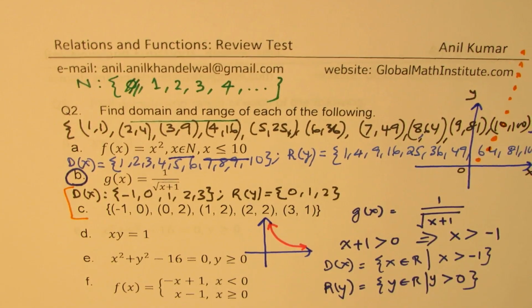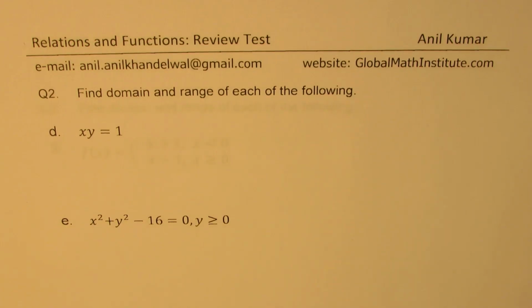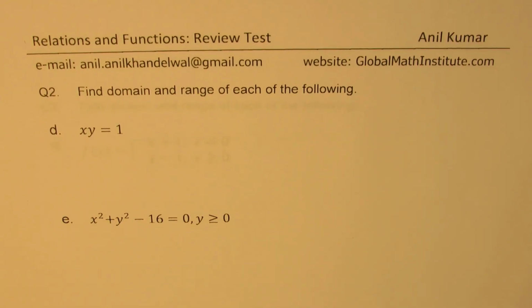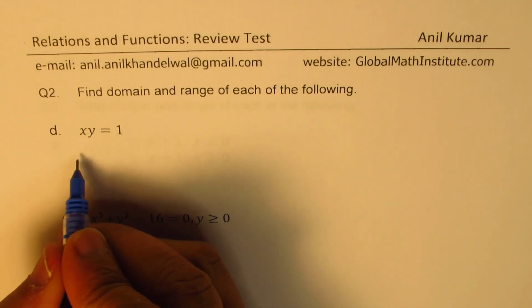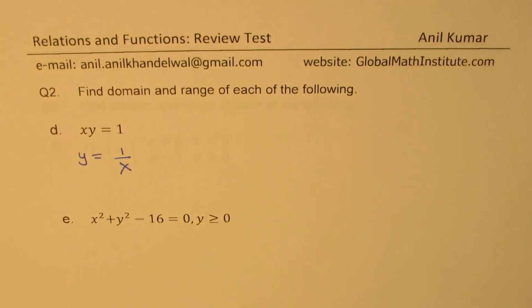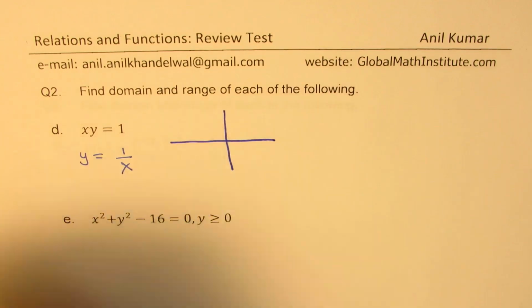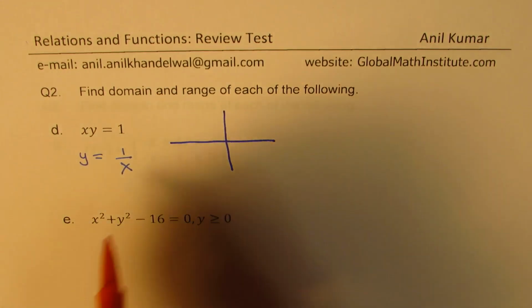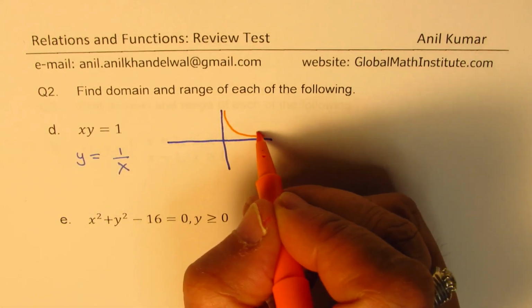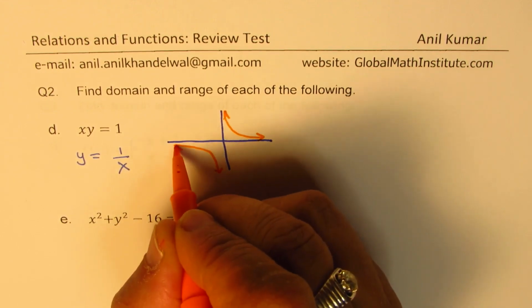Let's take up D now in the next page. Question number 2, part D. Find domain and range of each of the following. x, y equals 1. So first rewrite what y is equal to. y is 1 over x. So it is kind of a reciprocal function, which, if you graph, x could have all the values except 0. So it is a function which is like this.